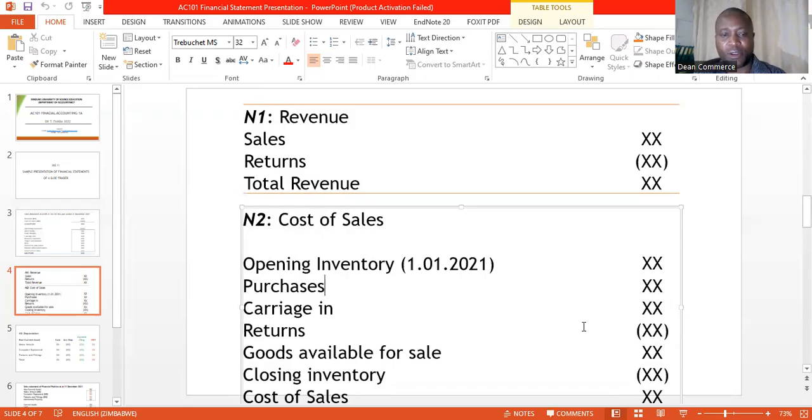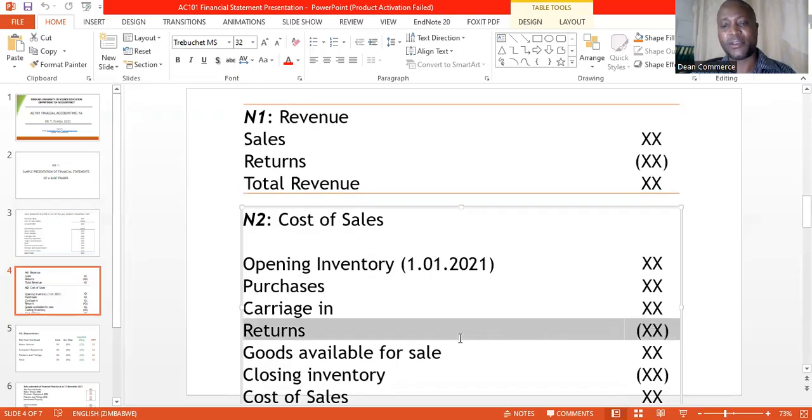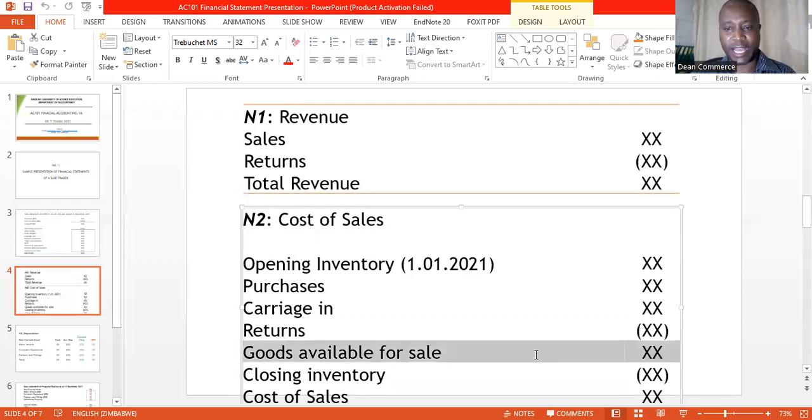What that means is that this could have been the cost of the goods that were going to be available for sale, assuming that there were not going to be any returns to our suppliers. But if we have returns, we have to deduct these returns because they are not part of the goods that are going to be available for sale. So we deduct the returns. Then once we have done that, we have the goods that are available for sale.